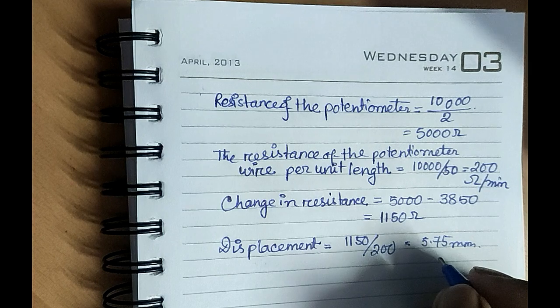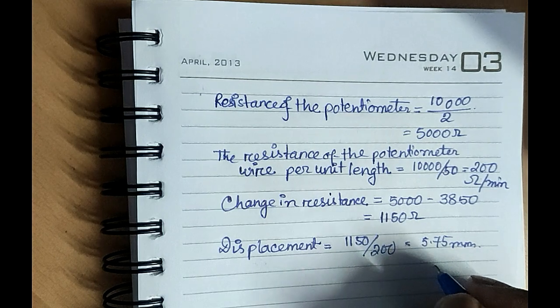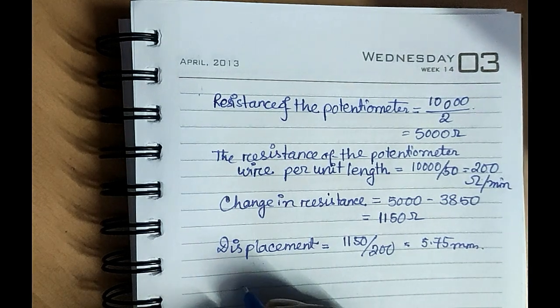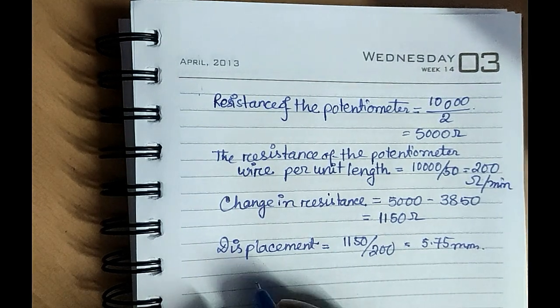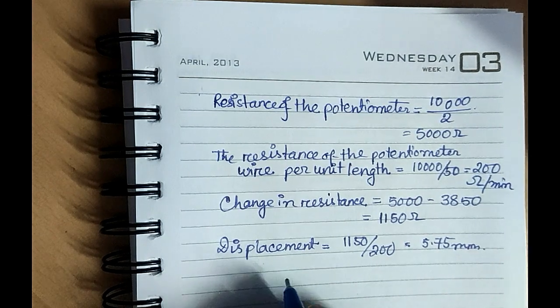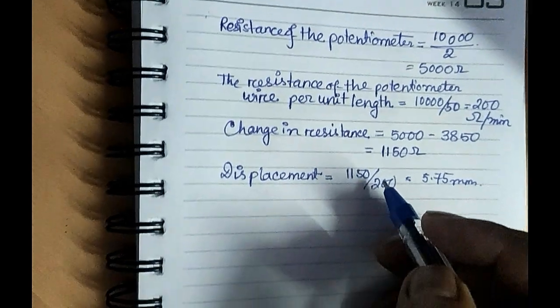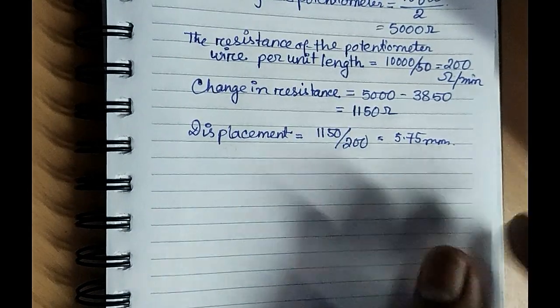Then we have the other resistance, the maximum resistance that we have found, that is 7560. So this was for one direction, and now we find it for the opposite direction.